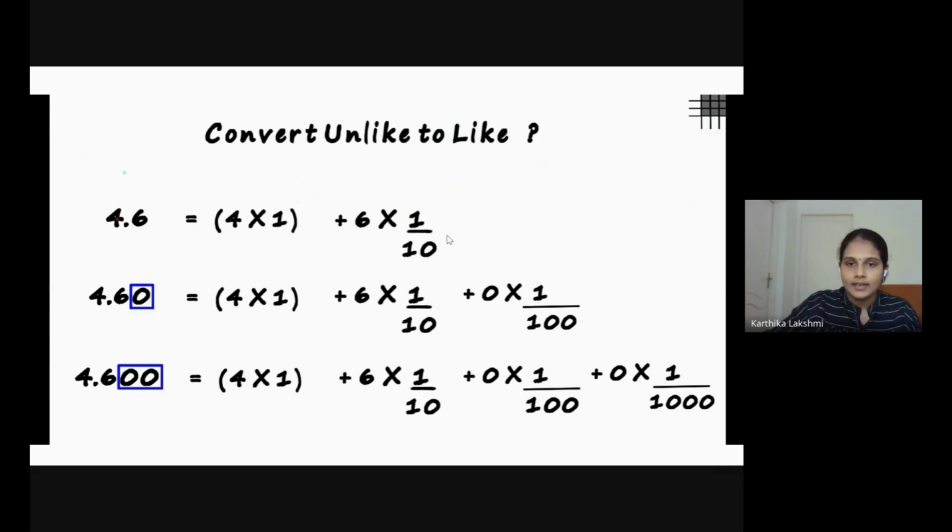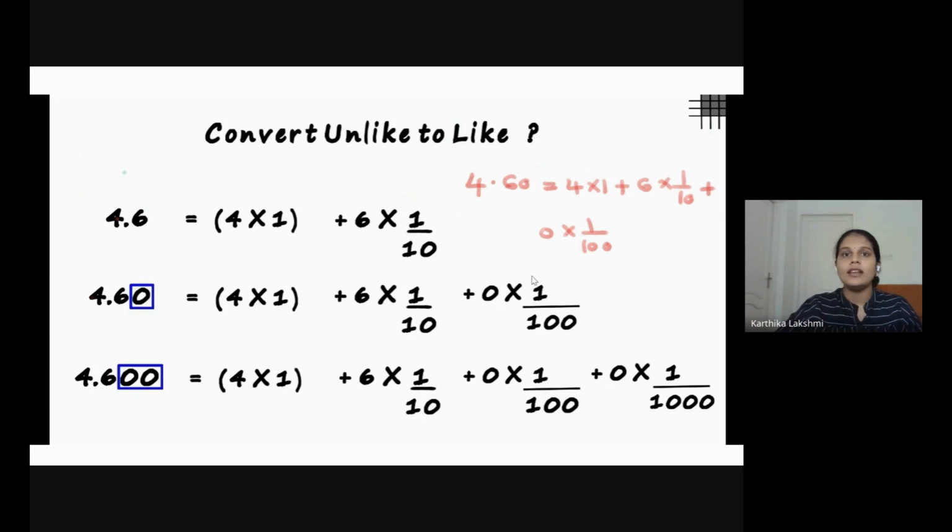So I'm going to represent 4.60: 4 is in the unit digit, 6 is in the tenth digit, and 0 is in the hundredth digit. So 4.60 equals 4 into 1 plus 6 into 1 by 10 plus 0 into 1 by 100, because 4 is in the unit digit, 6 in the tenth digit and 0 in the hundredth digit.